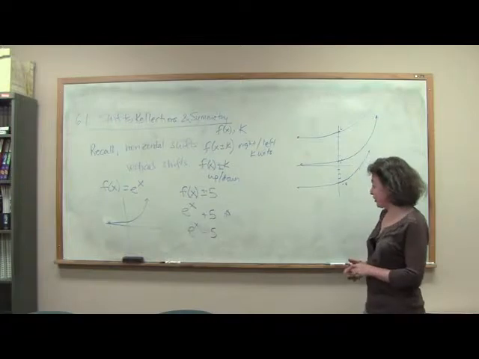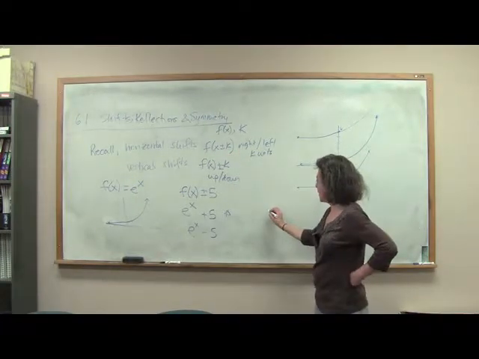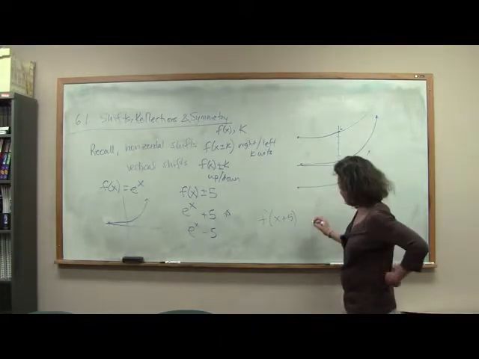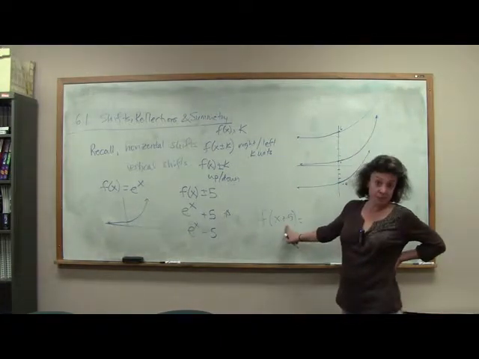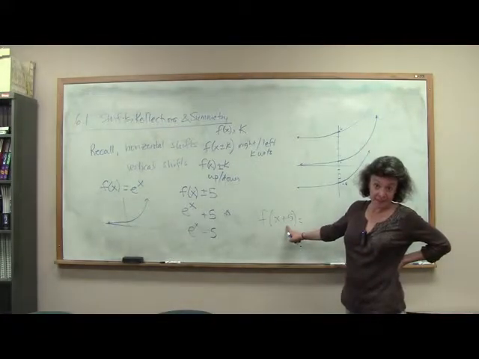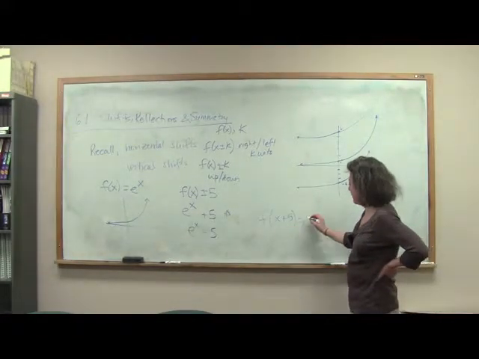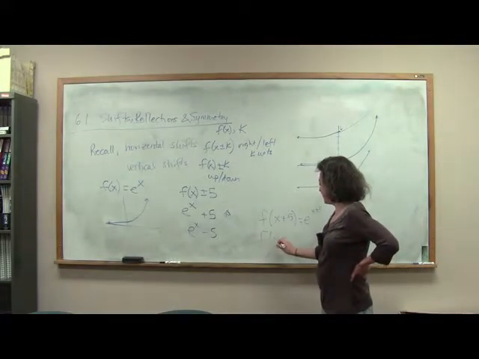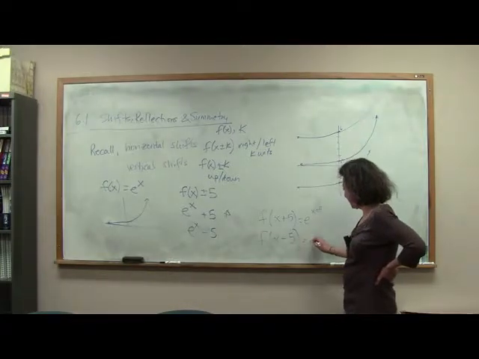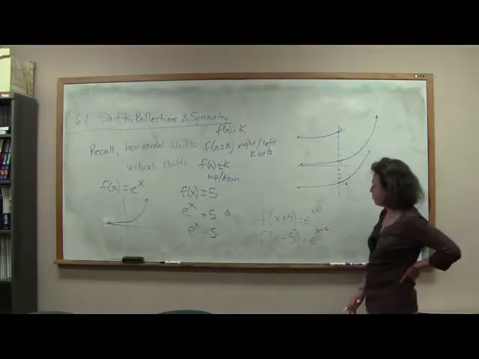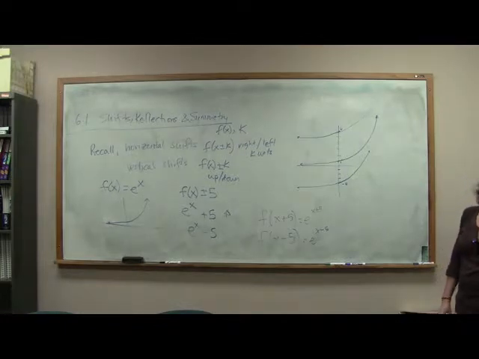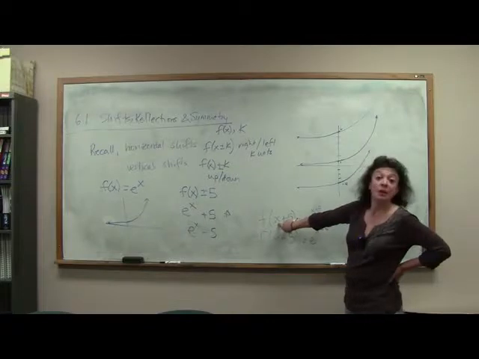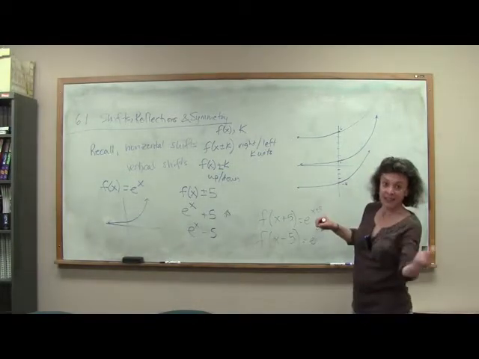Our horizontal shifts, remember, that's when you add or subtract within. So for example, if I wanted to look at f of x plus 5, what does it mean to compute that? Everywhere we see an x in our function f, we're going to plug in x plus 5. And in a similar manner, f of x minus 5 will look like e to the x minus 5 power. Now let's recall, when you add within, you move it to the left.